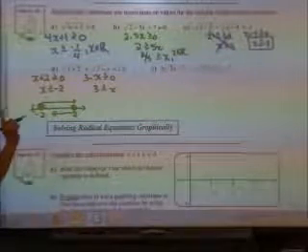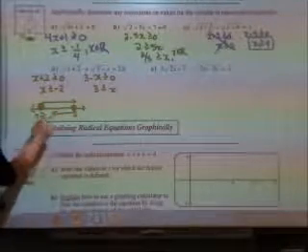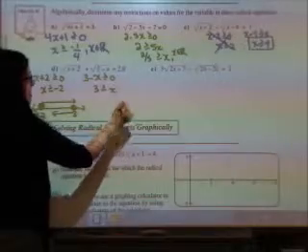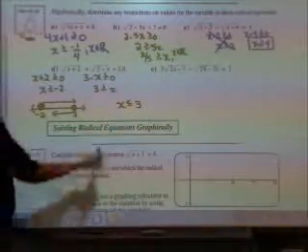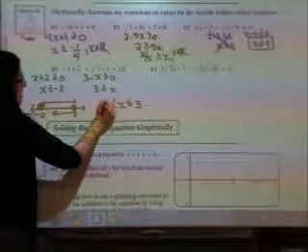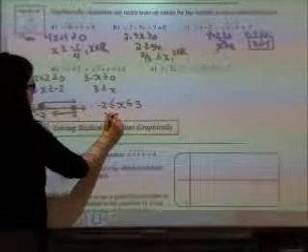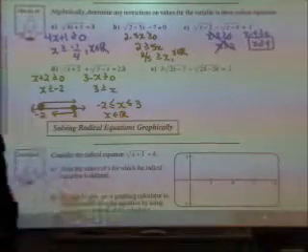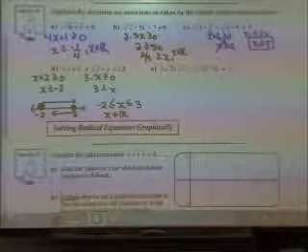So the values that would satisfy both equations are the values that would be in between. So the way that I would write that is that x has to be less than or equal to 3, or it could be greater than or equal to negative 2. And it can be any values between negative 2 and positive 3.